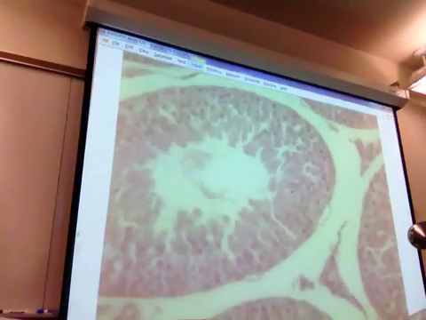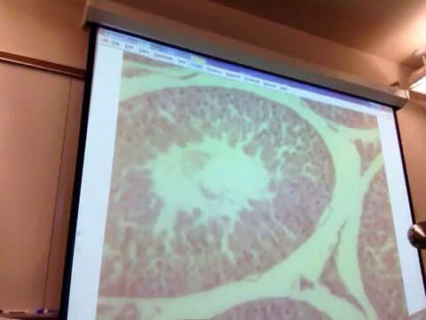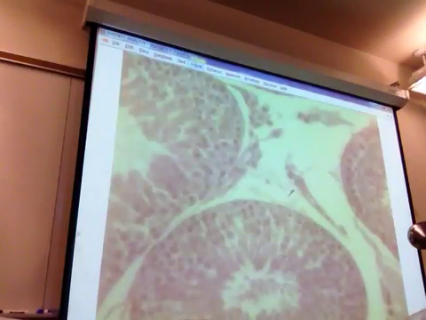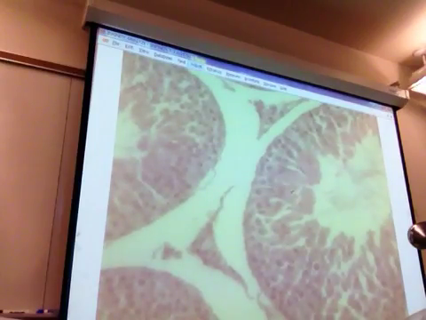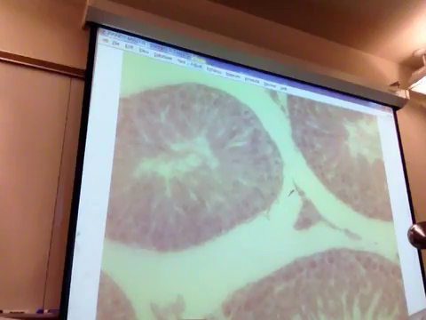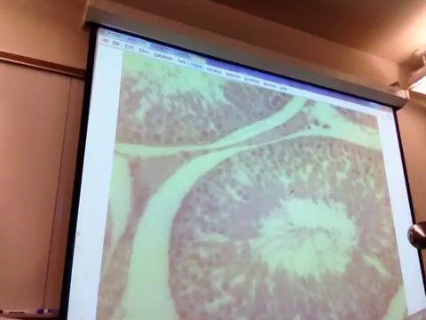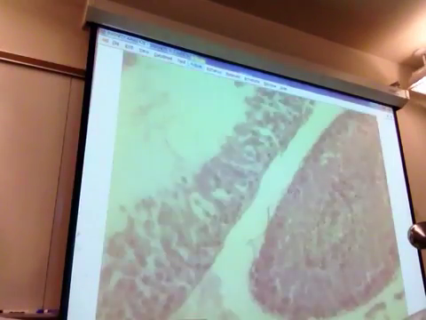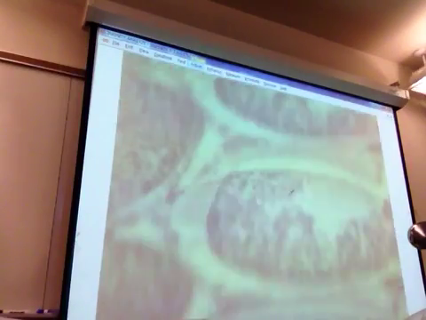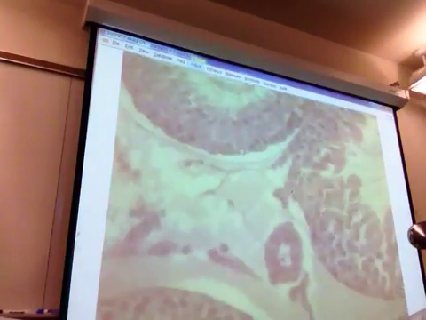Let's see if I can get a good cut through a tubule here. So, are we in the seminiferous tubule then? So the seminiferous tubules in cross section or something? We're in the testis right now, so yeah.